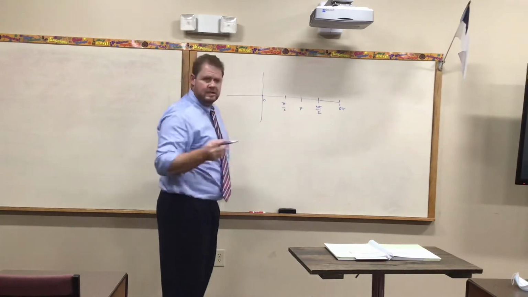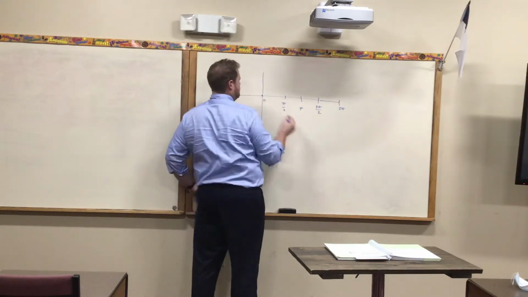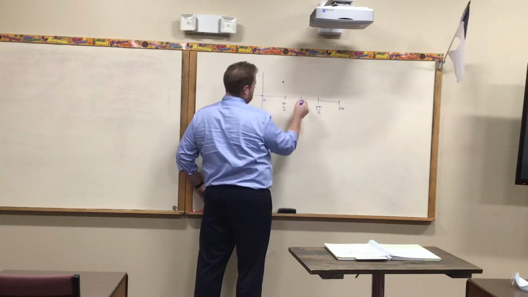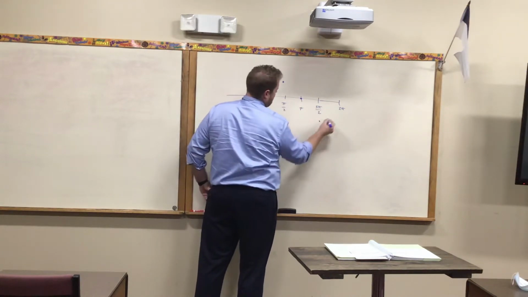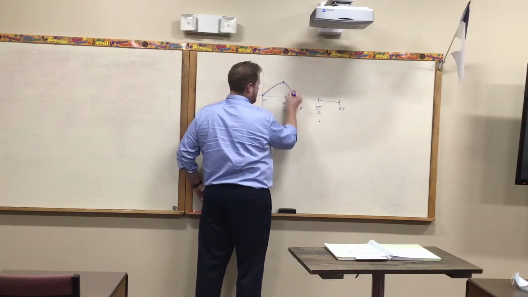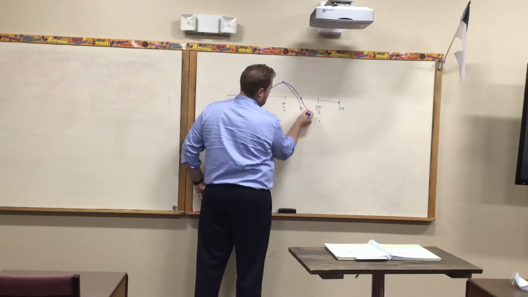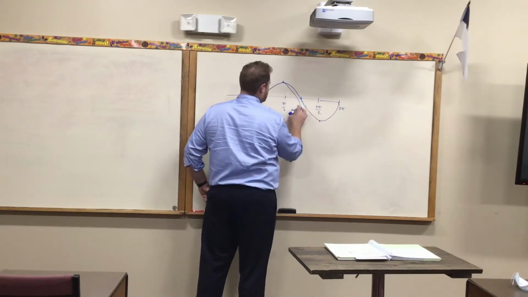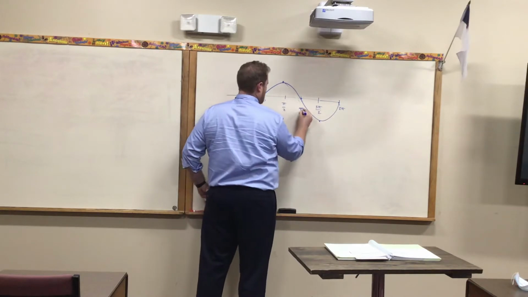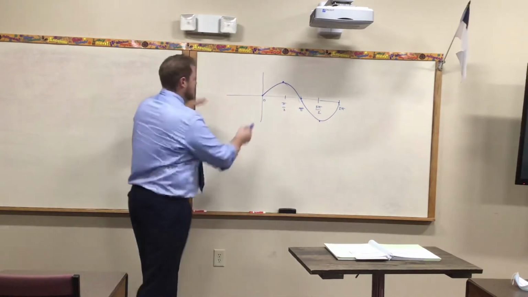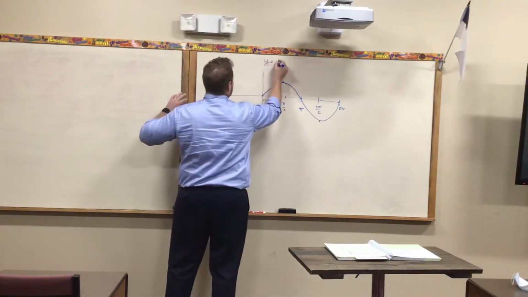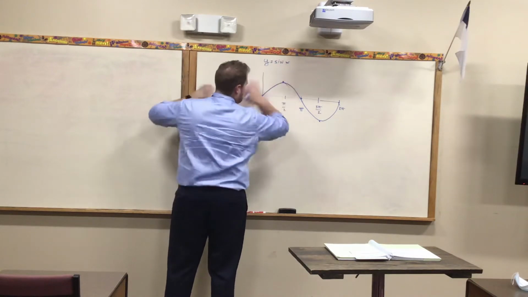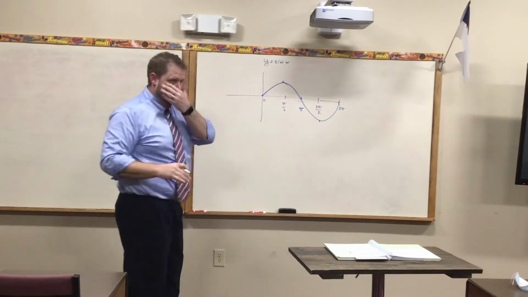So sine of 0 here, right? This would be 1, down, 1, up, right? So here's our sine wave. Okay, now I can't draw. So there's our sine wave, right? This would be y equals sine x. That's a simple sine wave.